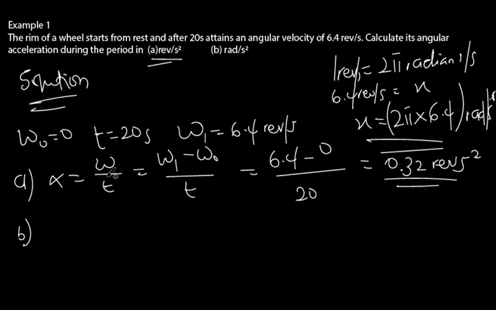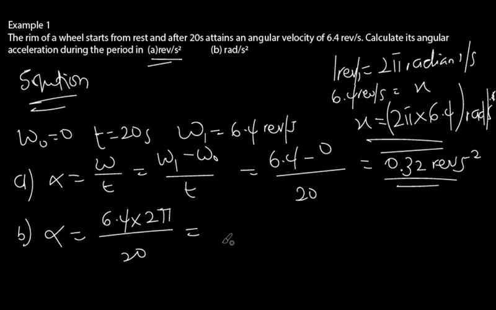So for the B part, we have our angular acceleration equal to the same formula, so everything will be the same, just that instead of 6.4 at the top, we'll have 6.4 times 2 pi, divided by 20. If you multiply the angular velocity by 2 pi, then we convert it to radians per second.